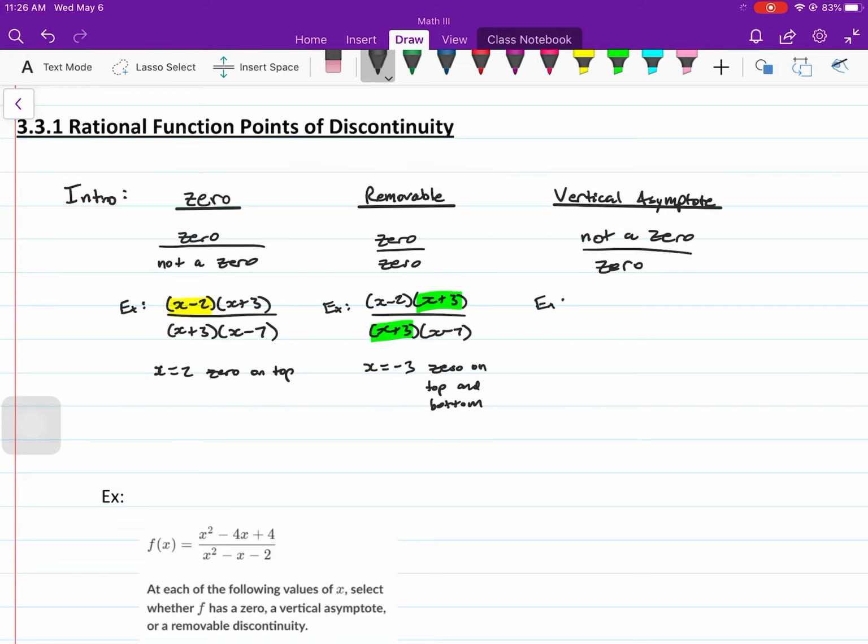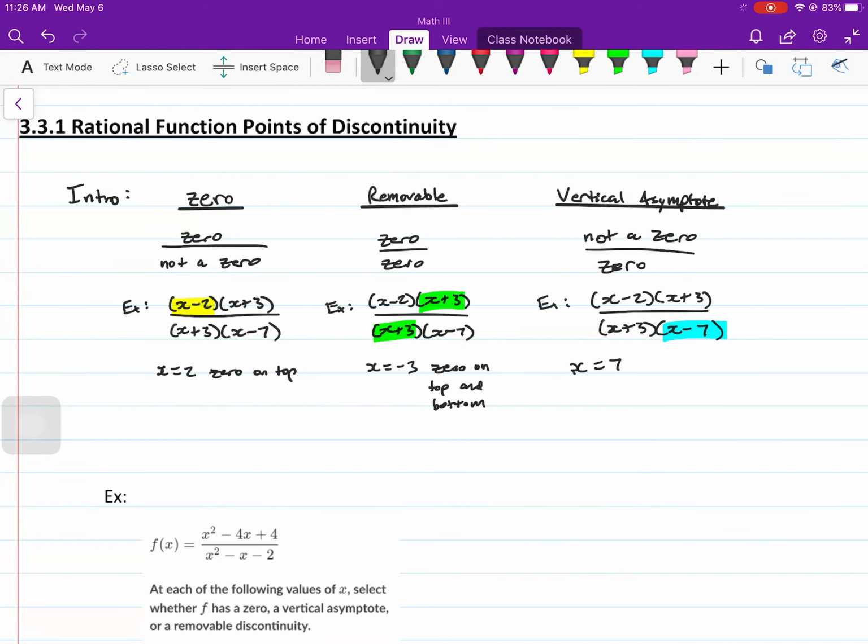Okay, so for example, same example, and you can guess if you look at the same thing that we've been dealing with, x minus 2, x plus 3 over x plus 3, x minus 7. We're going to focus on this x minus 7. Notice the 7, x equals 7, would cause a 0 on the bottom, but no 0 on the top.